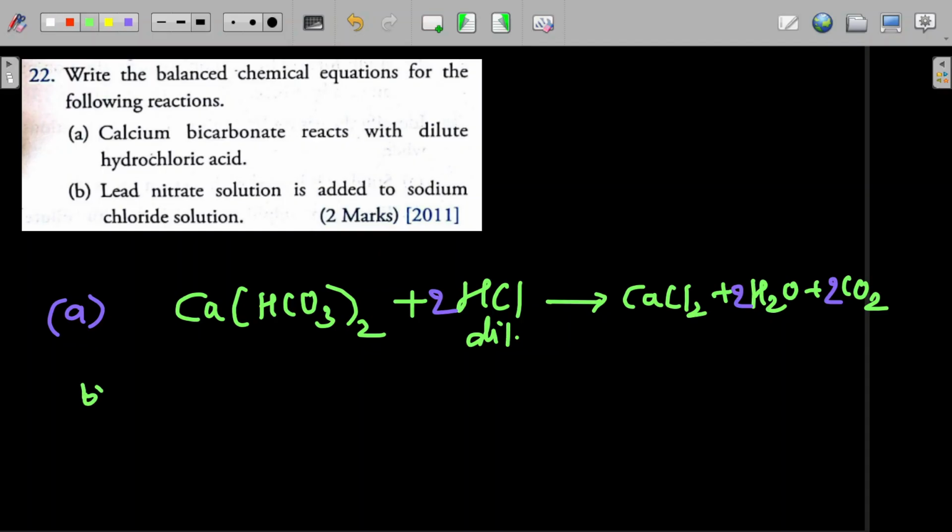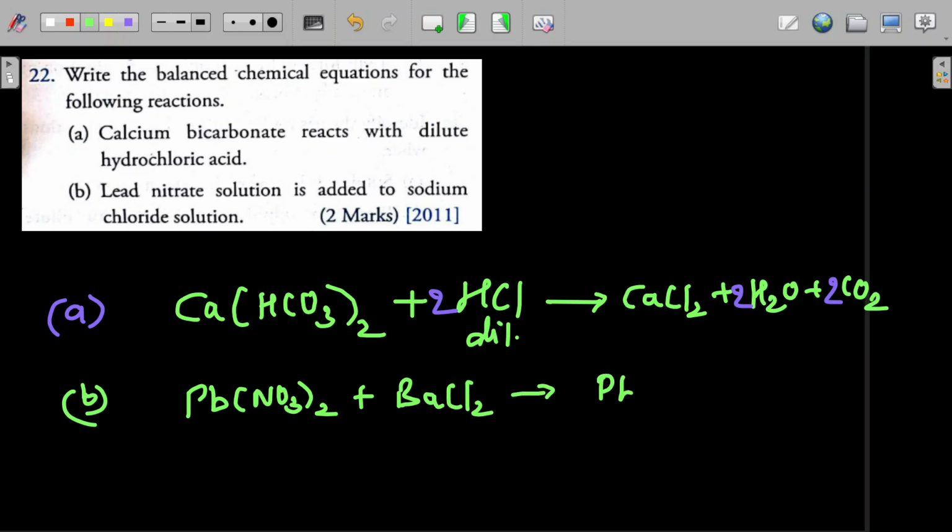Second one: lead nitrate solution is added to sodium chloride solution. This is actually a precipitation reaction, but still we will write here lead nitrate plus sodium chloride, double displacement. How do you know that lead is variable valency? Like how do you know which lead to choose?